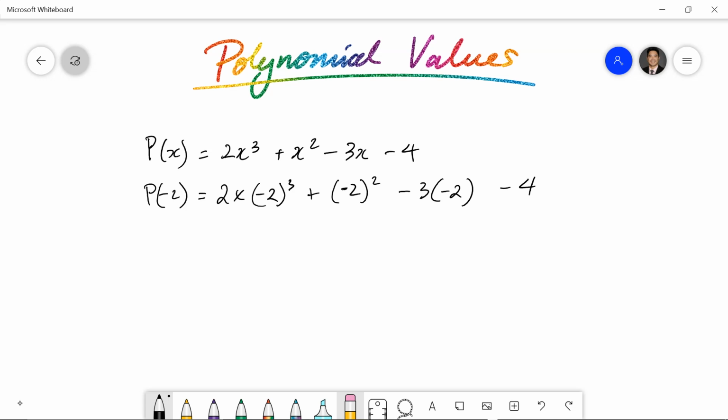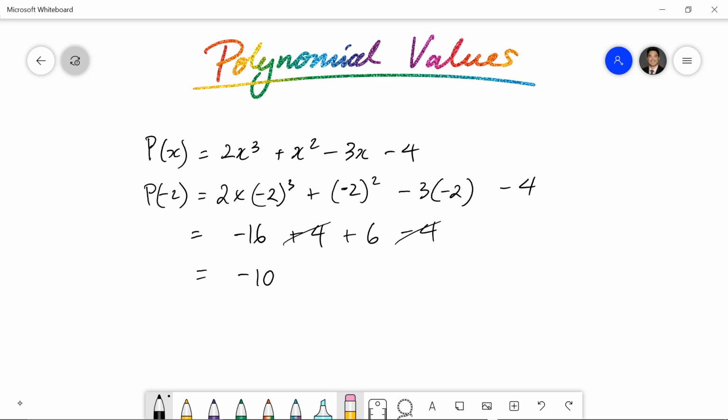Minus 2 cubed is minus 8, so minus 8 times 2 is minus 16. Then minus 2 squared is 4. Minus 3 times minus 2 is positive 6, and minus 4. So we can see the 4s cancel out, and we're left with minus 10.